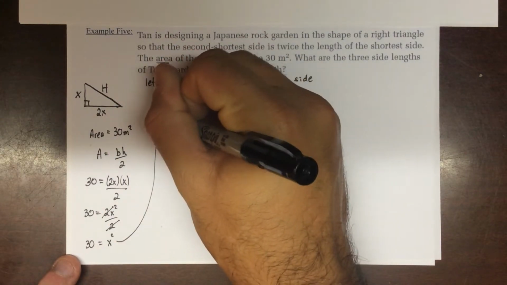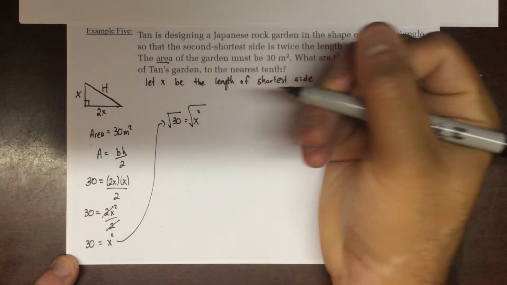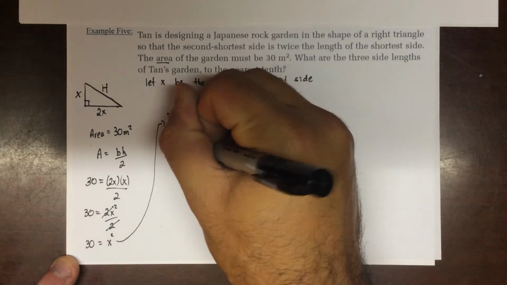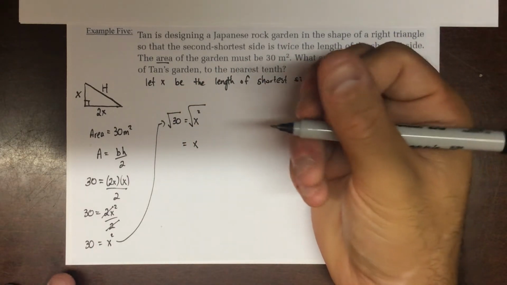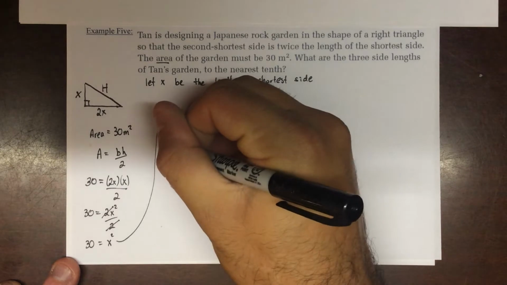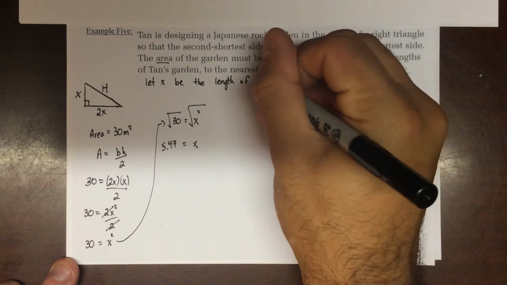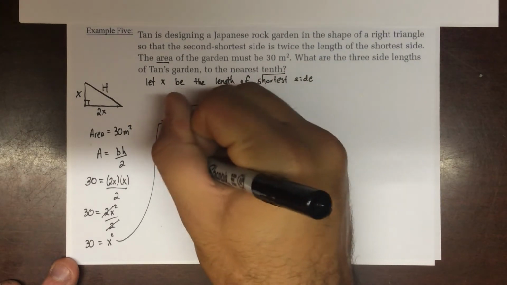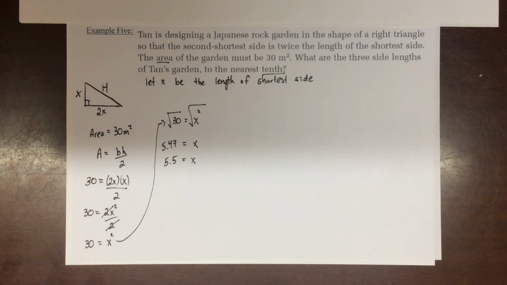I'm going to rewrite my line there. And I say square root and square root. Now I'm left with x equals the square root of 30, which is approximately 5.47. But they wanted the nearest tenth, so we'll say x equals 5.5. All right.